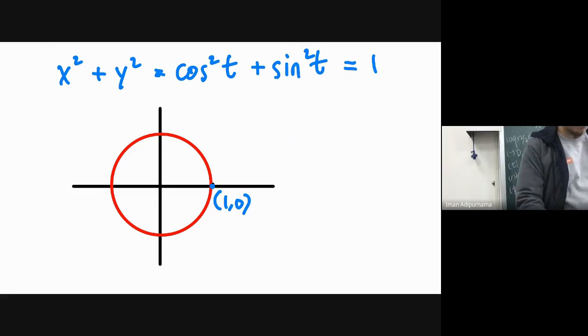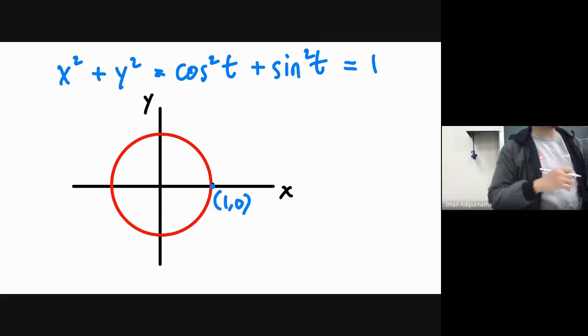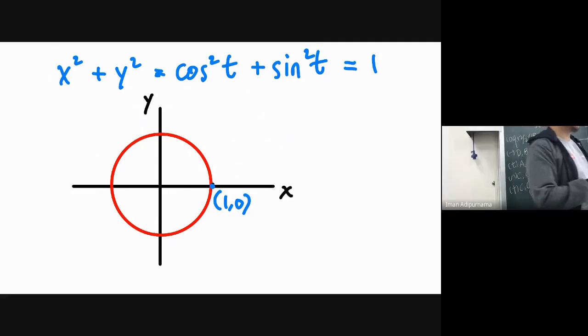Or let me make this y, this is x. Do not confuse with the polar coordinate. Now I'm using the xy axis. Now we are in the xy world, not r theta.